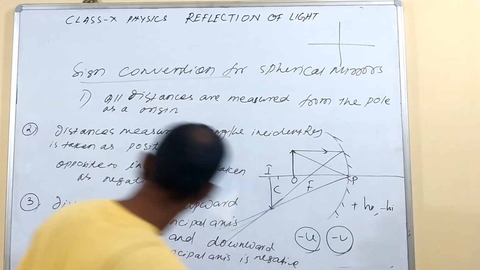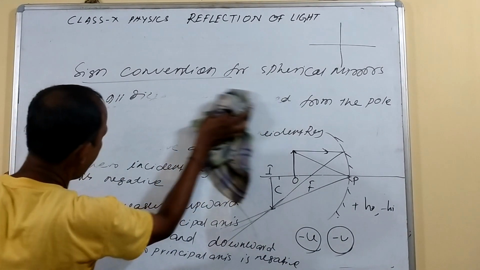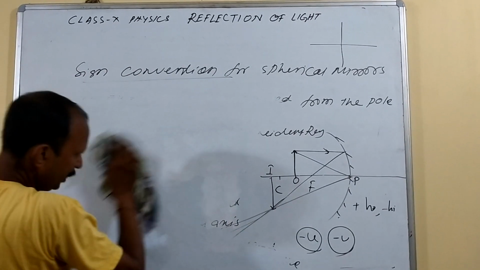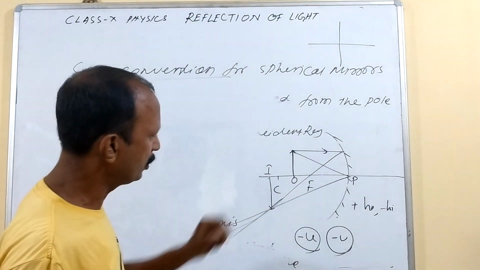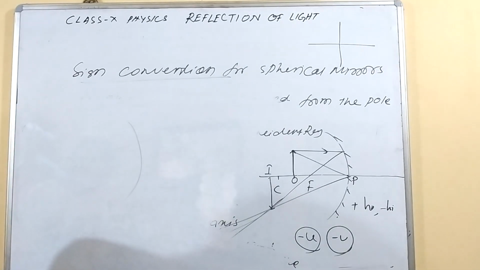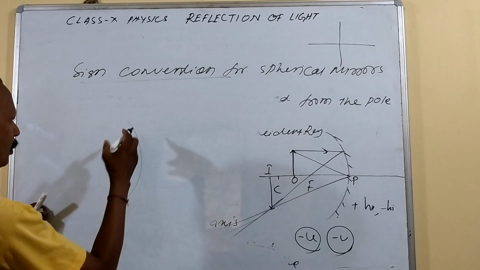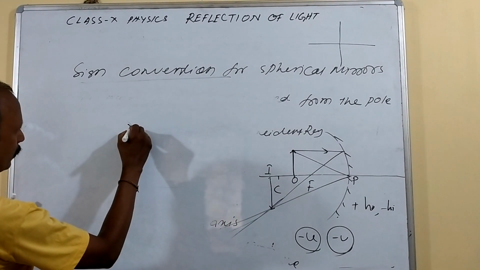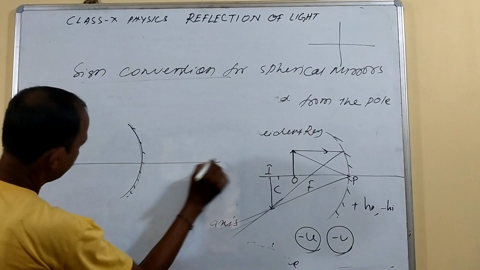So from this sign convention, I got some important points. What are the important points? See here. In case of a convex mirror or concave mirror, I have drawn the concave mirror. Suppose this is one concave mirror.